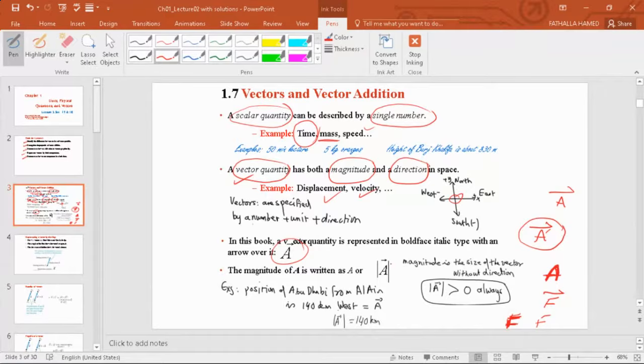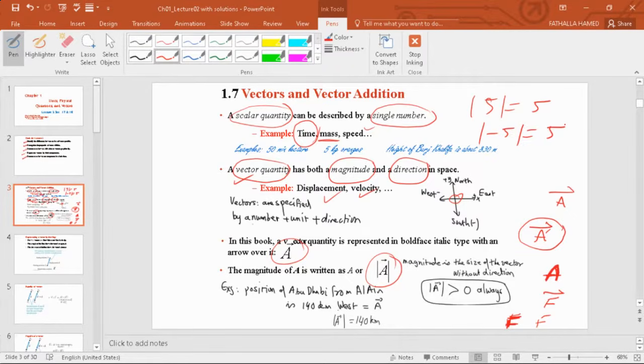Now, for the magnitude of the vector, usually we put the absolute value around it. Absolute value means I'm taking a positive quantity. So, for example, the absolute value of 5 is equal to 5, and the absolute value of minus 5 is also 5. It will always give you a positive quantity.